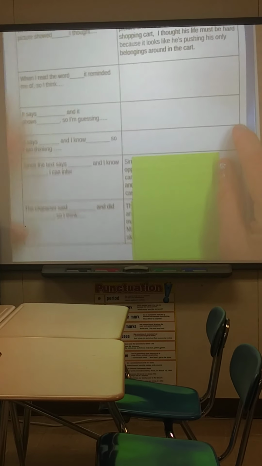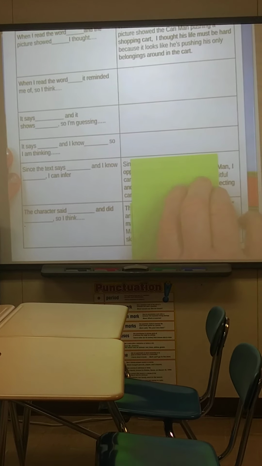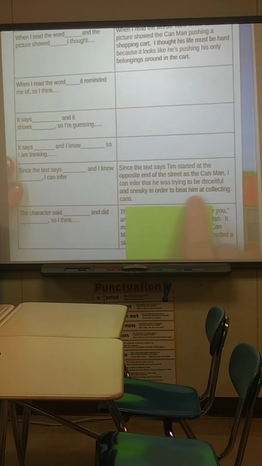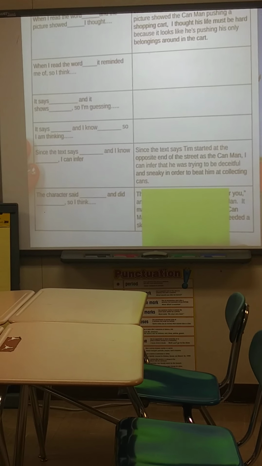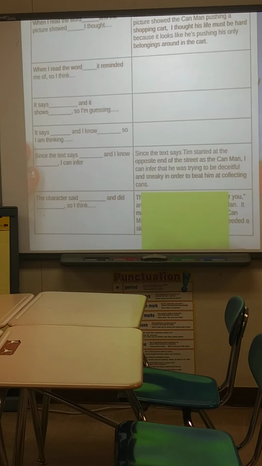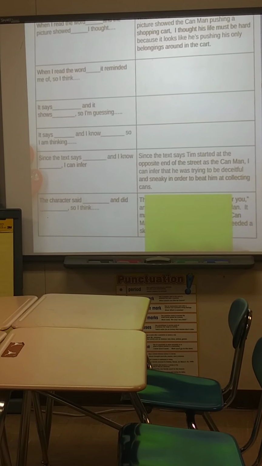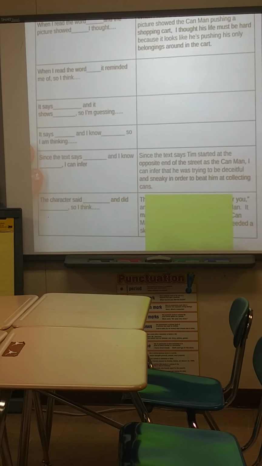When I come down to the box here, it says, since the text says that Tim started at the opposite end of the street as the Can Man, I can infer he was trying to be deceitful and sneaky in order to beat the Can Man at collecting cans. He went the other way than the Can Man. That's very sneaky.